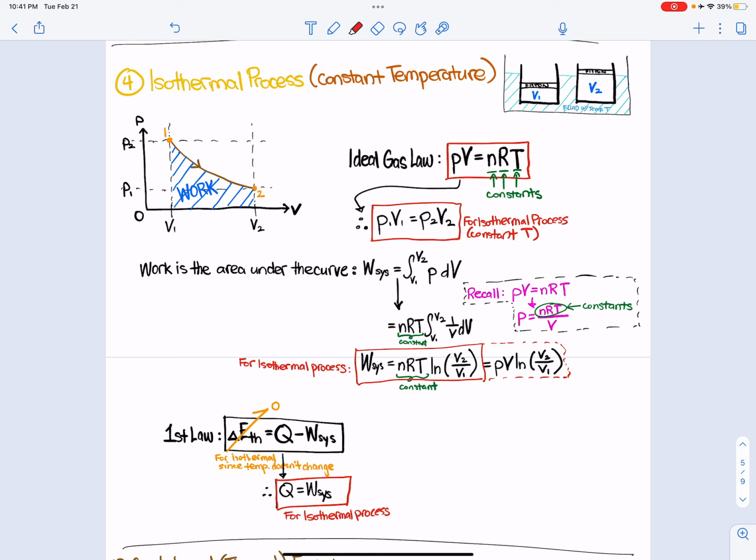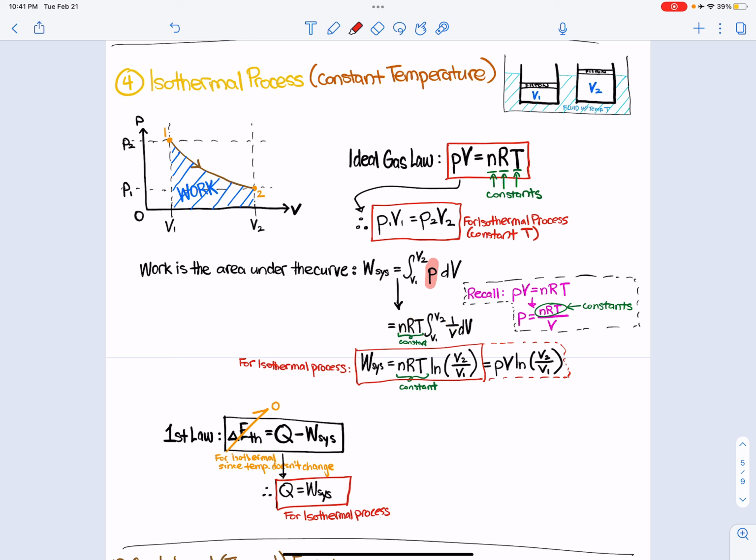So if I plug in nRT over V for pressure, and bring my constants outside of my integral, the work done by the system is equal to nRT, which is a constant, times the integral of 1 over V from V1 to V2.